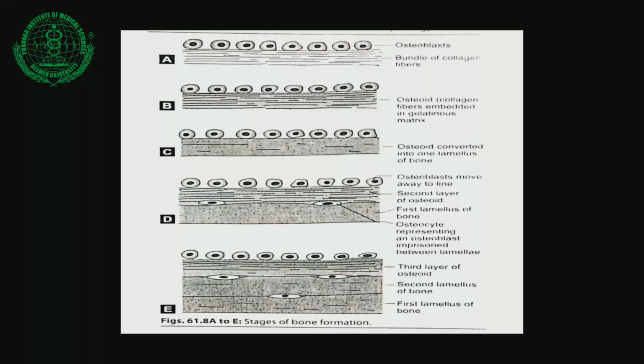Factors that inhibit the bone formation: cortisol. Factors that stimulate the bone resorption: parathormone, cortisol, thyroxine, prostaglandins, interleukin 1 and 6, and TNF.